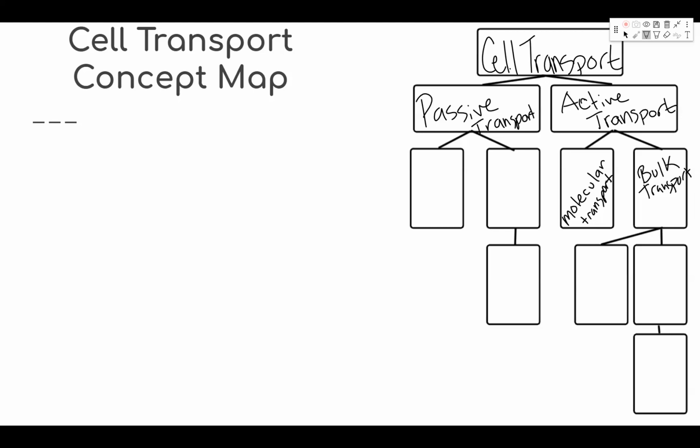Okay, coming off of bulk transport, there were two main types. What are our two main types? Okay, phagocytosis is a type of endocytosis, but we do have endocytosis. What was the other one?